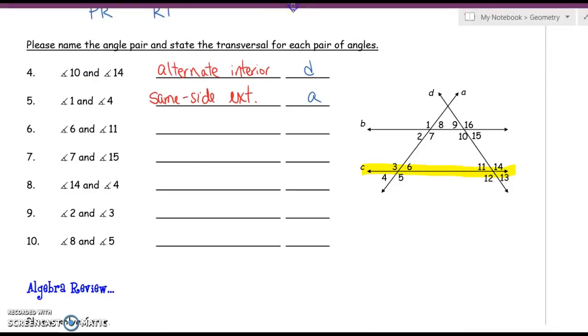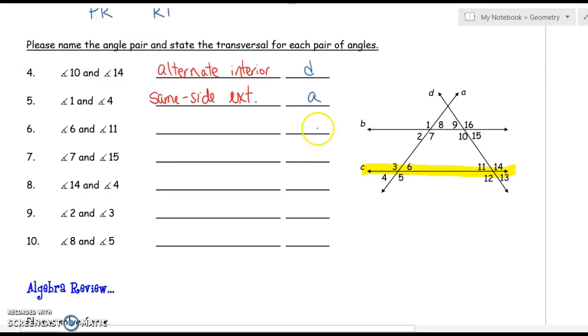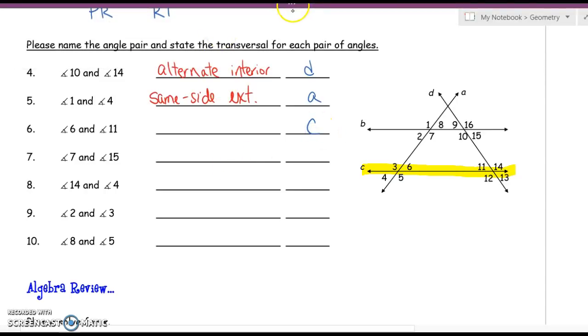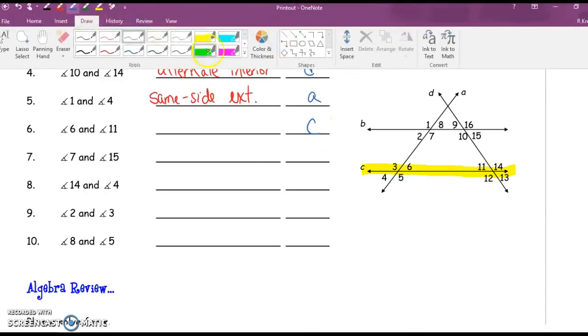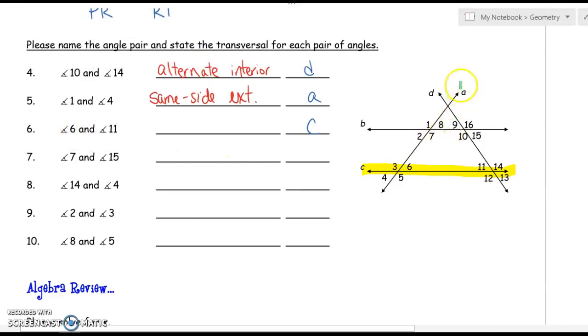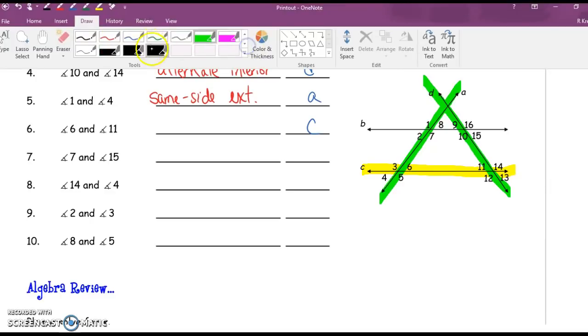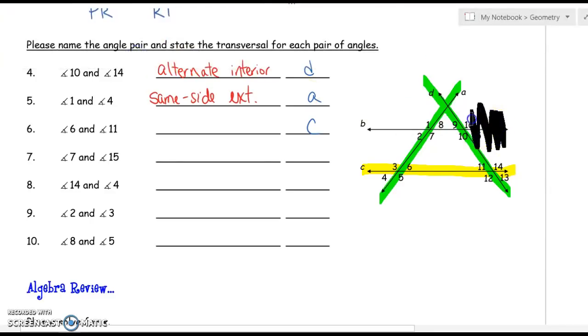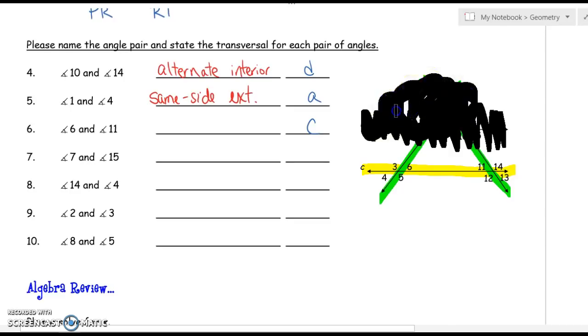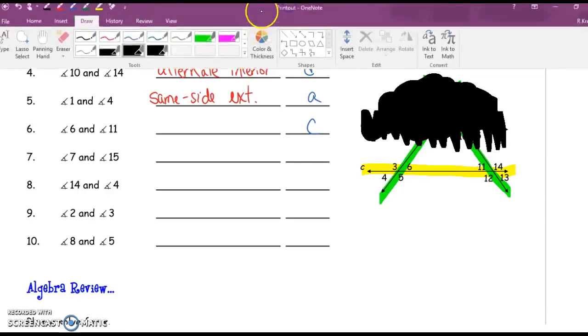So that line that I just highlighted is our transversal, C. And then we're going to highlight the other lines that touch those same angles. Angle 6 is also touched by line A, and angle 11 is touched by this line here, line D. So we're not really focusing much on this picture up here. We don't really need any of this stuff, and hopefully that'll make the picture a little bit less crazy to look at.